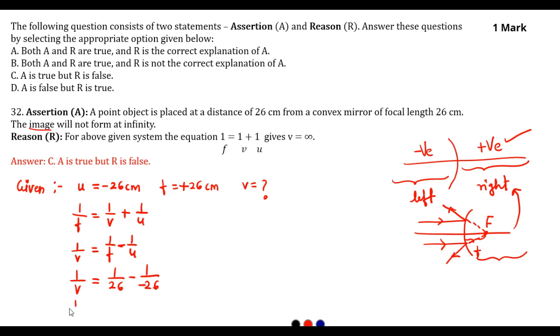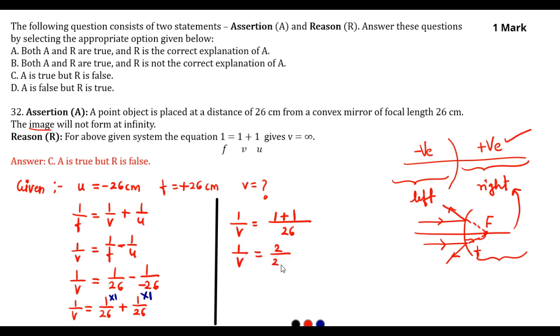Therefore 1 by v is equal to 1 by 26 plus 1 by 26. Now here we have to find LCM, but if you see it is 26 on both the sides, so LCM remains same, 26. So now solve here. 1 by v is equal to, LCM will be 26. So 1 plus 1 means what you are going to get? 1 by v is equal to 2 divided by 26.